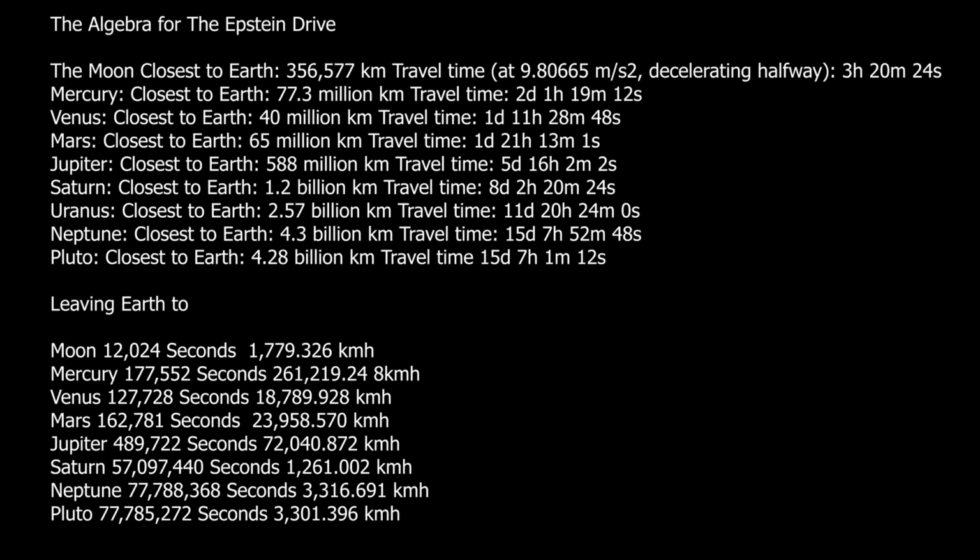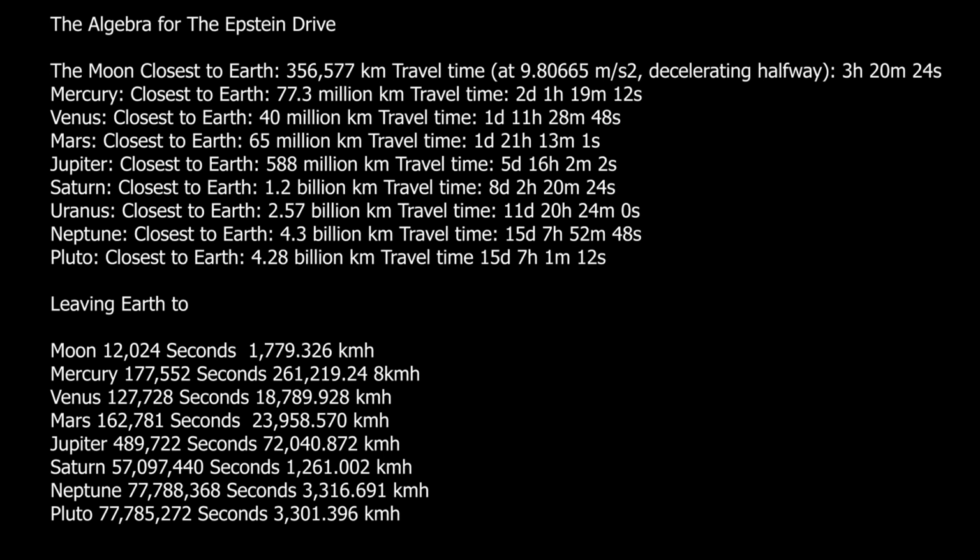Neptune, closest to Earth, 4.3 billion kilometers. Travel time 15 days, 7 hours, 52 minutes, 48 seconds. Pluto, closest to Earth, 4.28 billion kilometers. Travel time 15 days, 7 hours, 1 minute, 12 seconds.